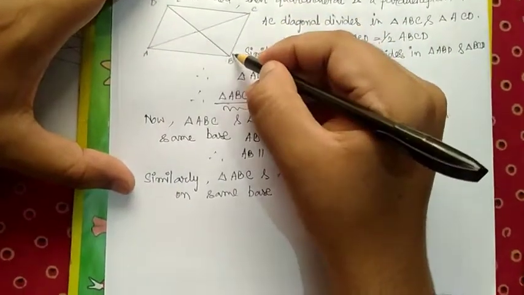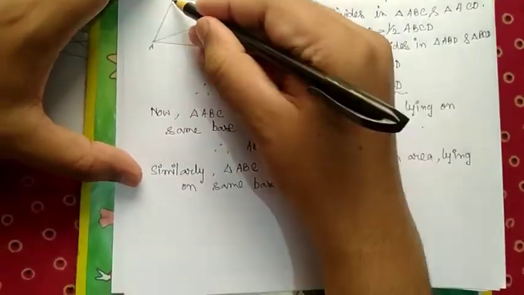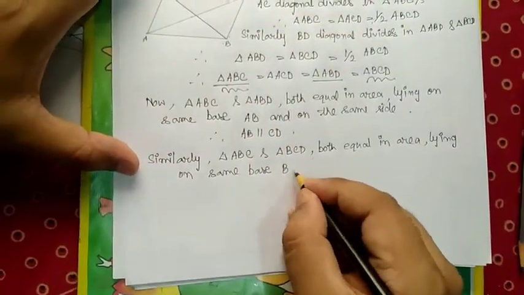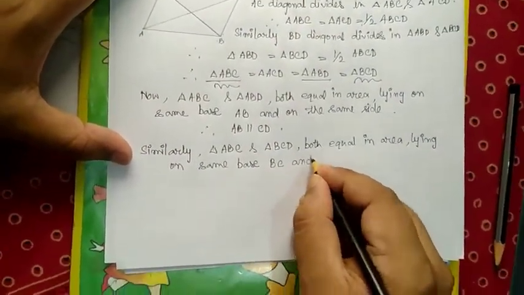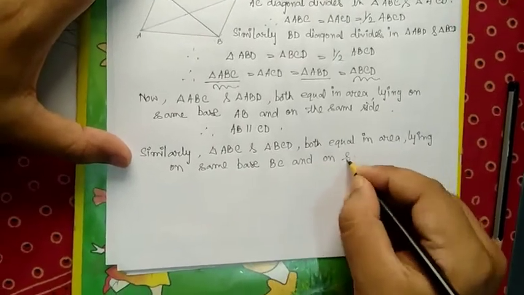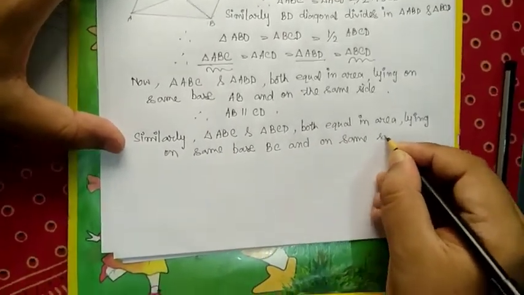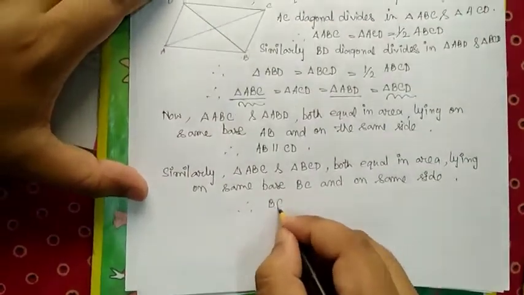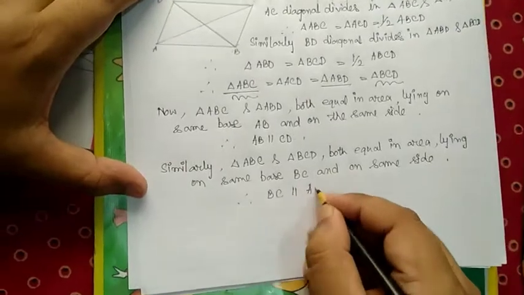This is the triangle ABC and this is the triangle BCD. So therefore we can say that BC is parallel to AD.